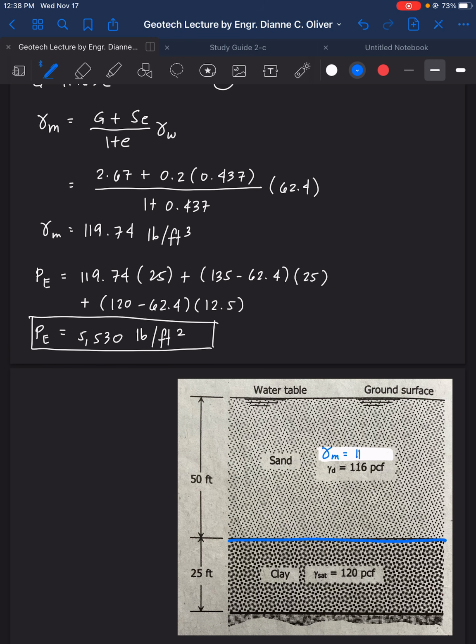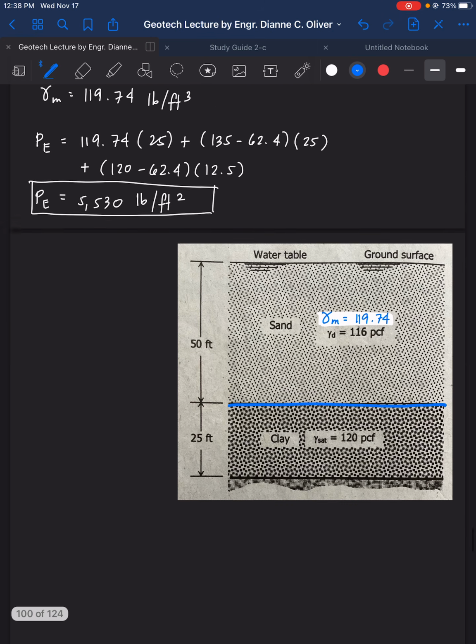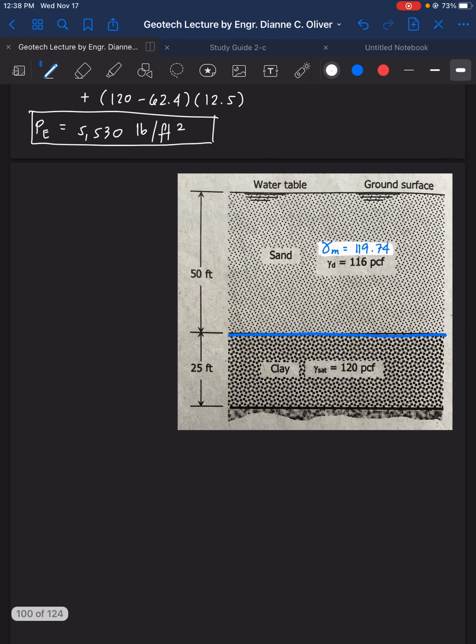Gamma moist of 119.74. What we're looking for here is the effective stress at the mid-height of the clay layer, located here. That is 12.5 feet.